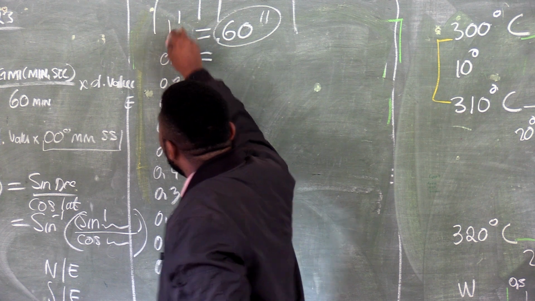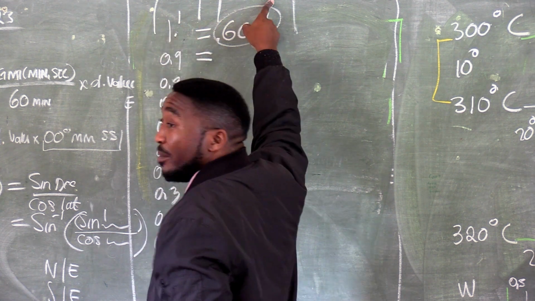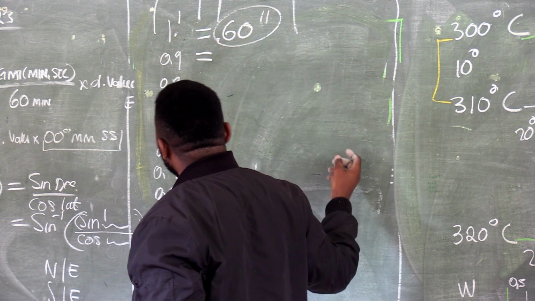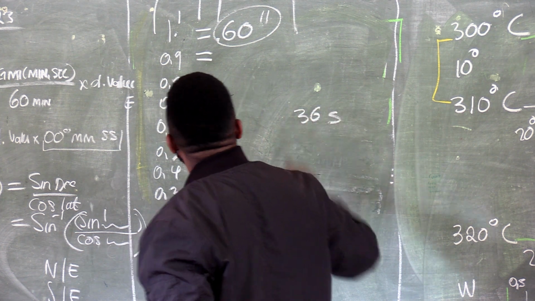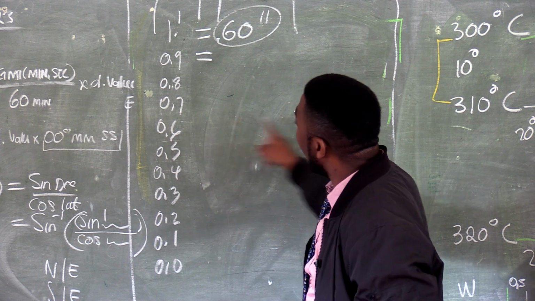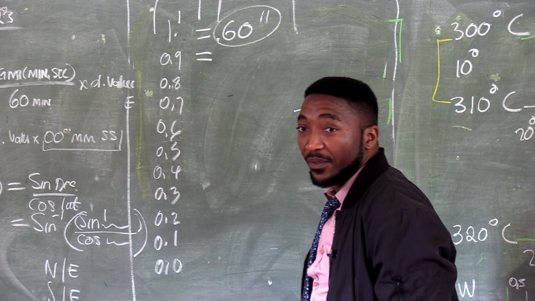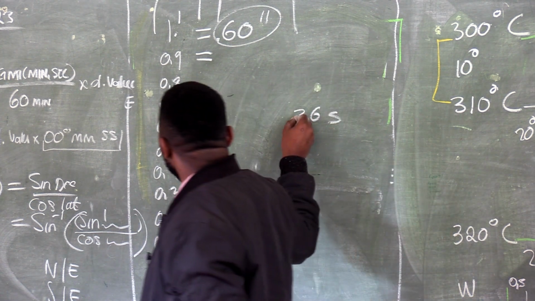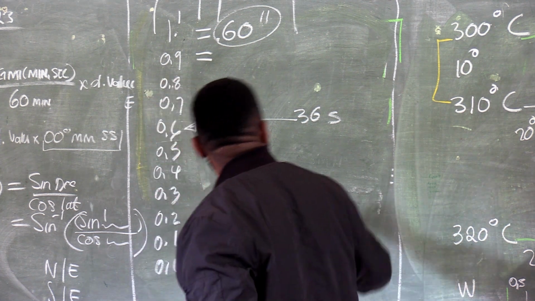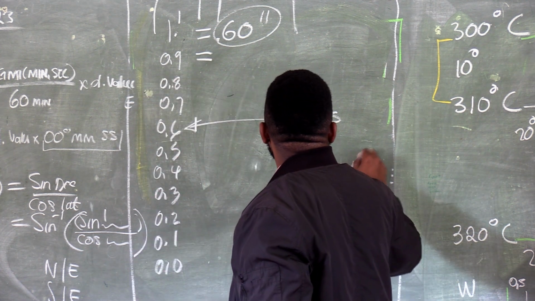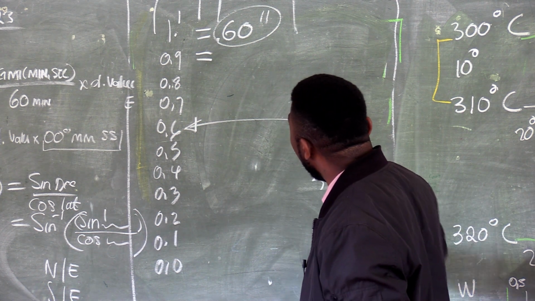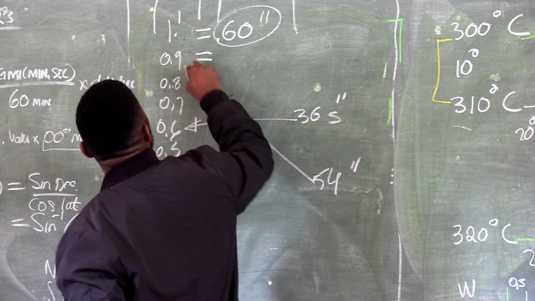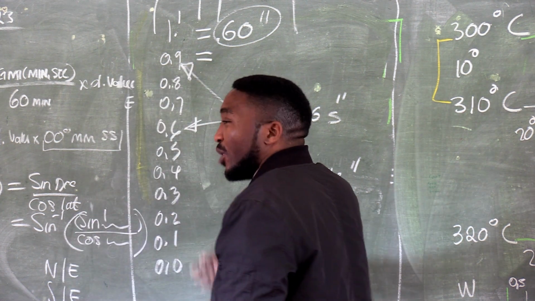If you have decimals of minutes, tell me how many seconds. For example, if I give you 36 seconds, you need to tell me which decimal it corresponds to on this side. It's 0.6. When I give you 54 seconds, it corresponds to 0.9, and so forth.